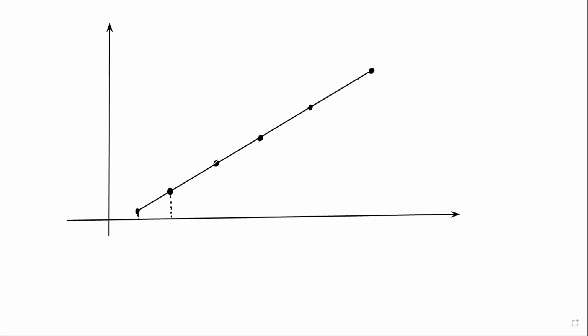Whatever is between these observations, you can use the equation of this line to predict. For all these, we can construct confidence intervals, right? Same gap here.